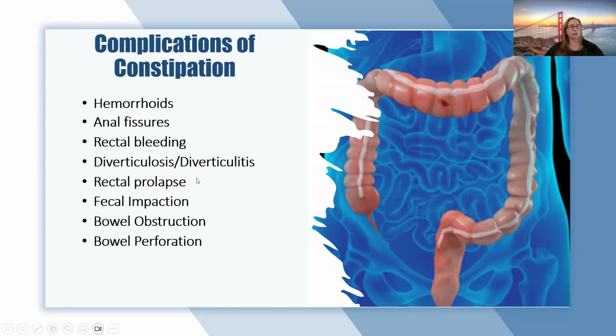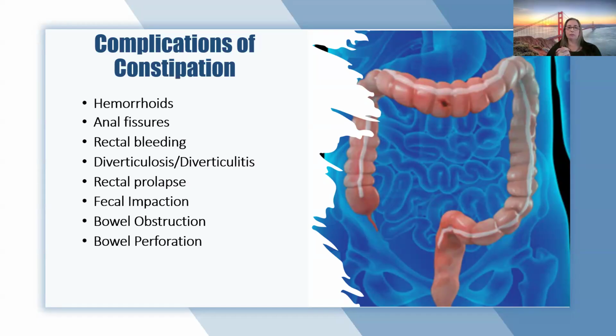Another complication of chronic straining to poop is a rectal prolapse. That is where the rectum basically slides out a little bit, comes out of the anus, and it kind of balloons out and looks like a little red tomato sticking out of their bottom.